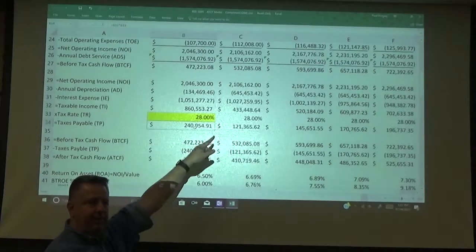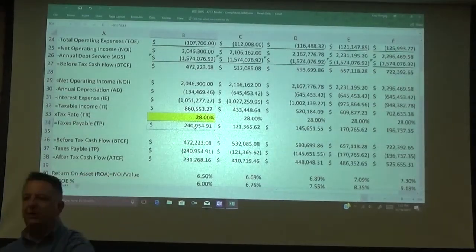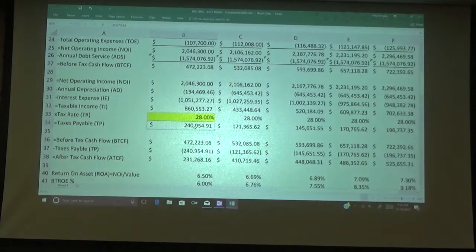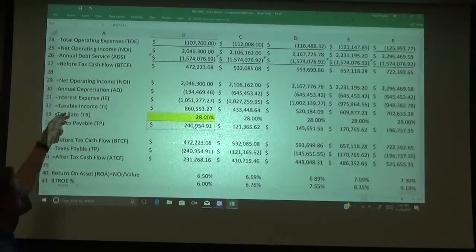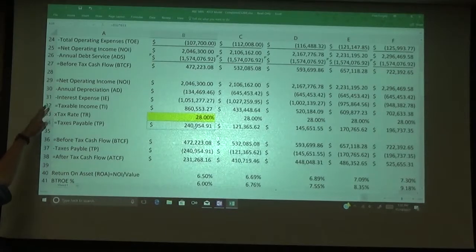Whereas if I give you a deduction of $1,000, it's going to be like this interest expense. After you get the taxable income, it's multiplied by the tax rate, so you're only going to get the benefit associated with the tax paid. So you're only going to get about 28 cents on the dollar in terms of the benefit.